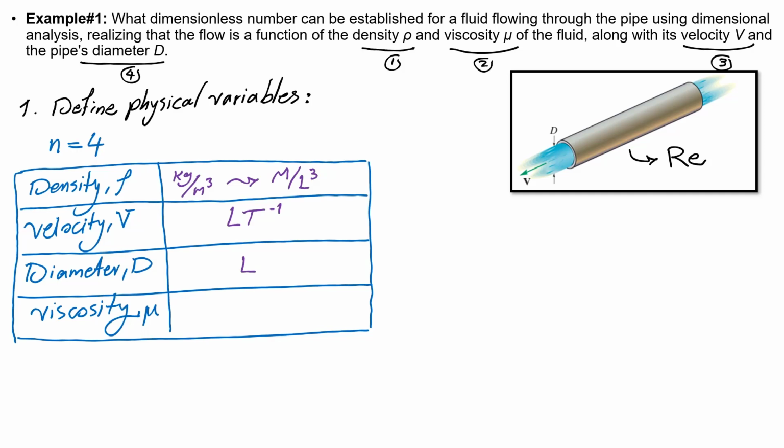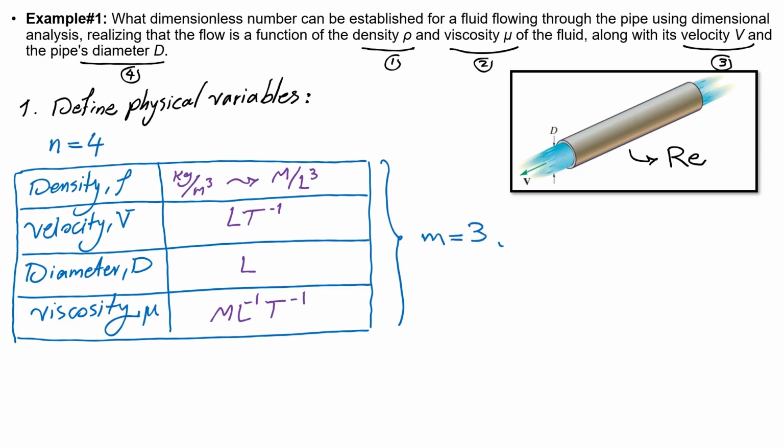Perfect. Now, take a look at the dimensions of these variables. We have M term, mass term, we have L term or length term, and we have time term collectively in all of these, right? So because we have all three principal dimensions in this, m or small m would be 3, because we have mass, length, and time collectively in all of these.